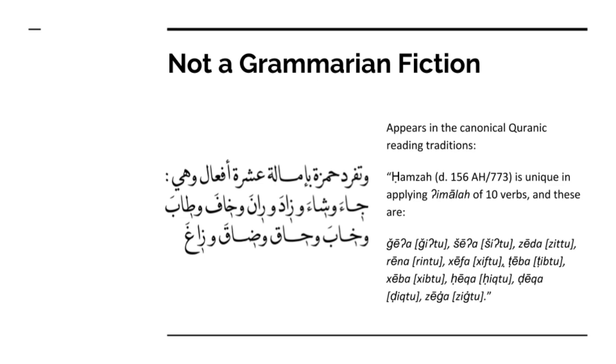And Hamza, who died in 156 Hijri, applies this kind of imala to ten of his hollow verbs, and indeed all work as described by Sibawayh. So he says ji'a because of ji'tu, shi'a, zida, rina, khifa, tiba, khiba, hiqa, diqa, and zira. Strangely enough, not mita, he died. You can ask me about that if you're interested why that's happening.